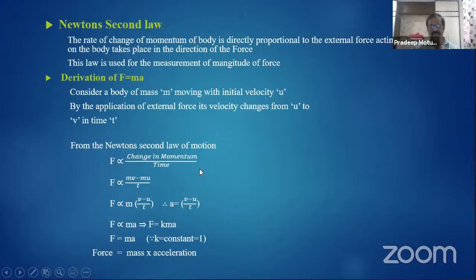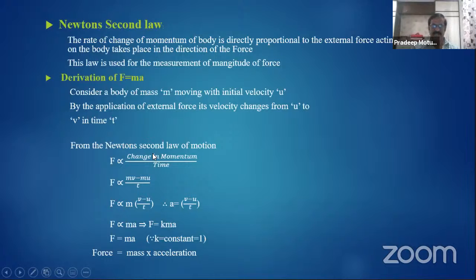The initial momentum is mu and the final momentum is mv. Therefore, the change in momentum is mv minus mu. So substitute the change in momentum as mv minus mu and the time as t. Therefore, F is proportional to (mv minus mu) by t.